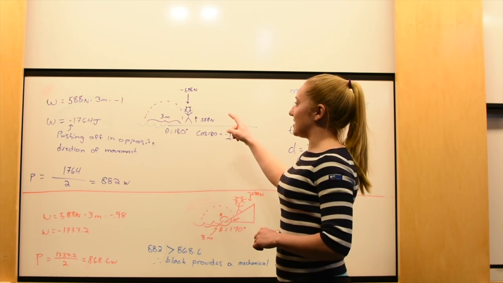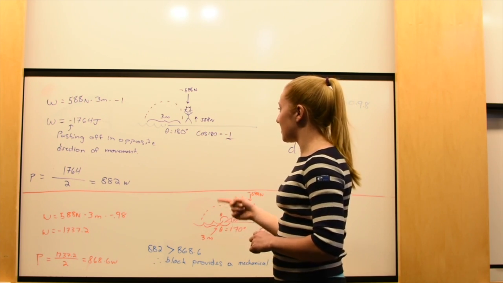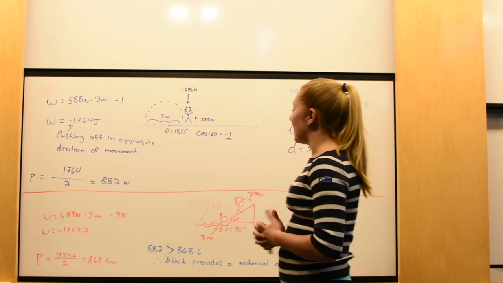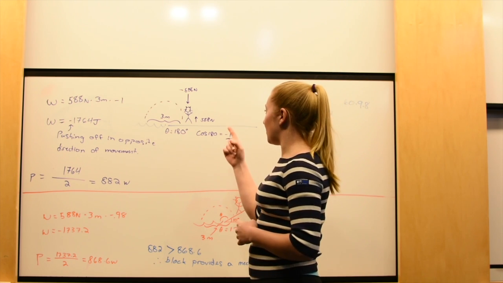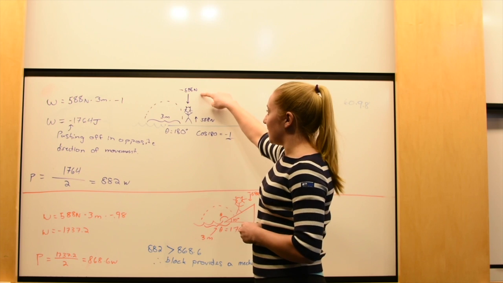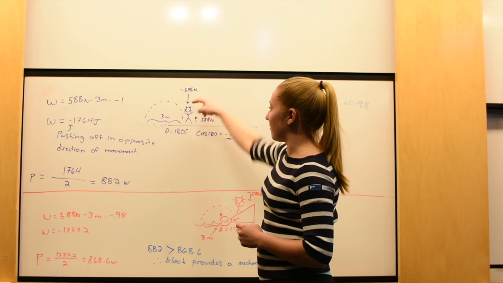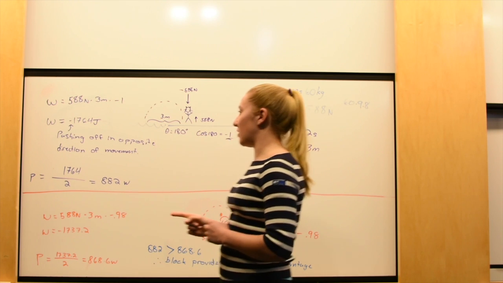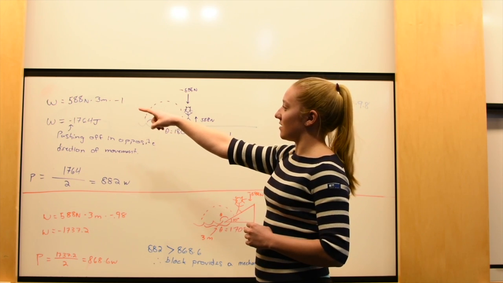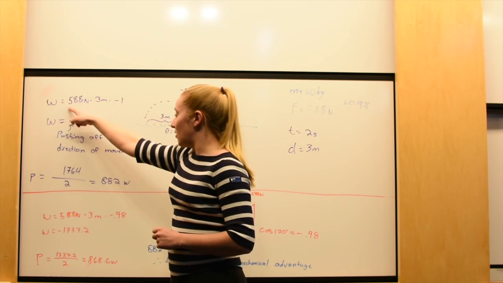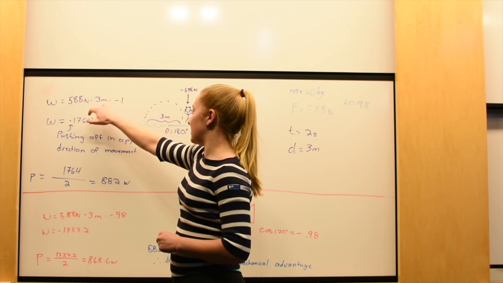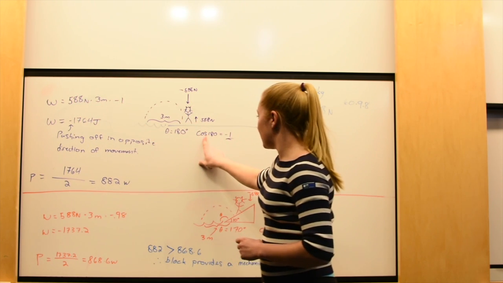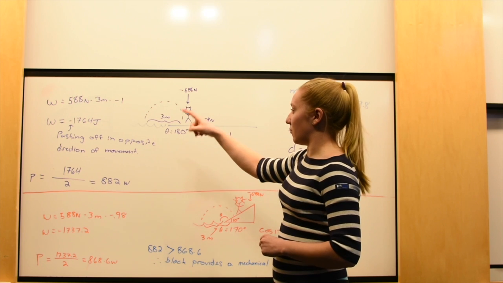So here are the calculations off a flat or level surface. We assume that you have to jump up 588 newtons to counteract the force of gravity. And then you jump in this kind of parabola shape in an arc. And the work equation here, work equals force times distance times the cosine of 180, which is -1.